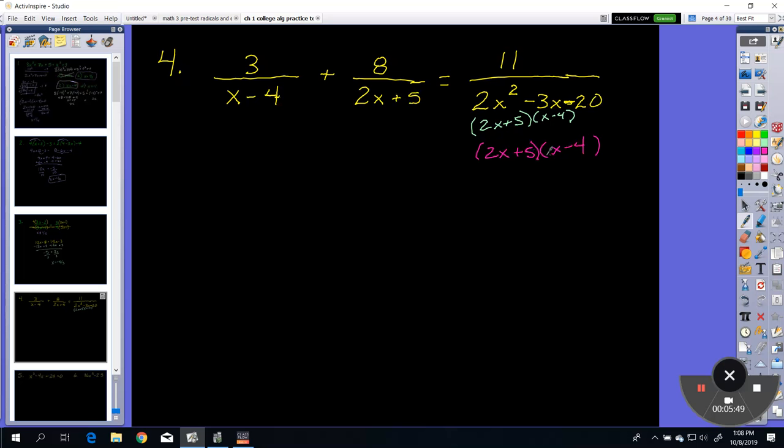You can try this out without even doing what we just did and see, oh, 2 times 4 makes negative 8, plus 5 makes negative 3, so yeah, that works. That's just another way to help you get your factors. So I see that this one, to have common denominators, needs an x minus 4, and this one needs a 2x plus 5.